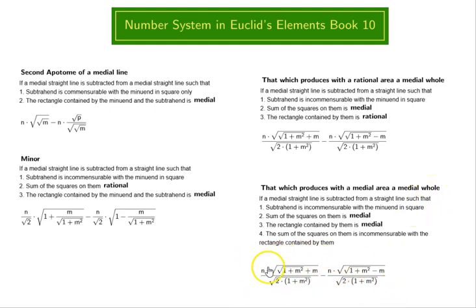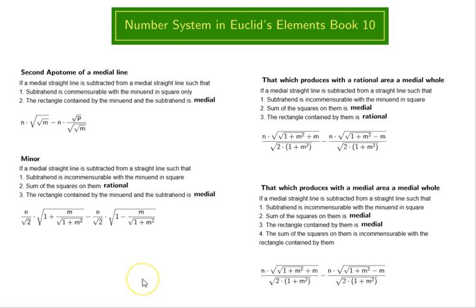So this is what we arrive at. These two are incommensurable in square. The sum of the squares, square of this plus square of this, is medial. This times this is medial, and the sum of the squares and the product of these two are incommensurable with each other.